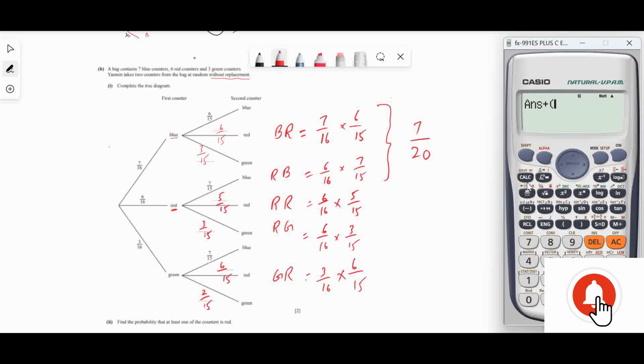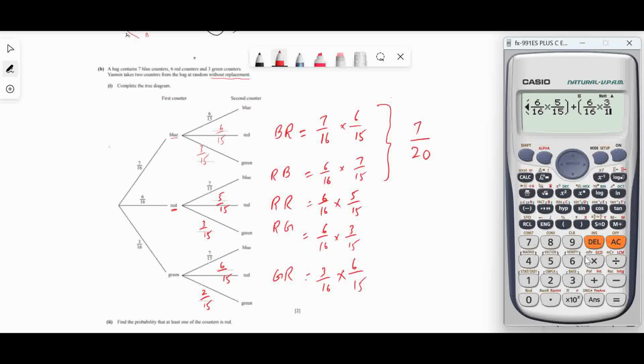Plus, again, 6 by 16 multiplied by 5 by 15, bracket, plus 6 by 16 multiplied by 3 by 15.